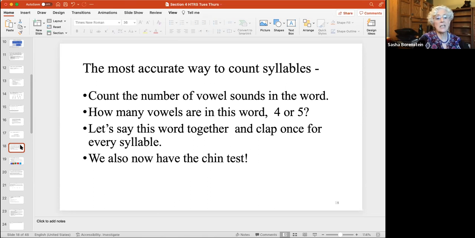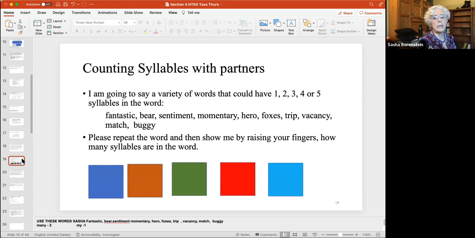Okay? So that's how we teach counting syllables. And one way that I do it in my classes, and you can do this whole group, small group, or individually, is I will give my students different color stickies or different color squares or different color anything.